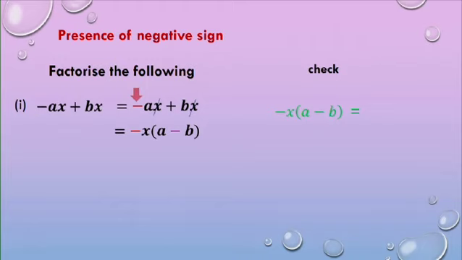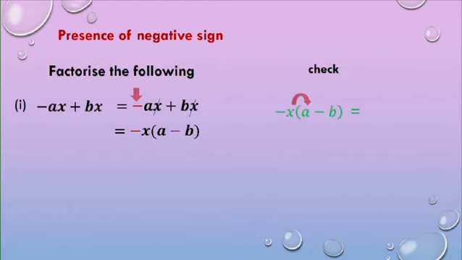Remember in grade 7, while expanding algebraic expressions, you learned that whenever we do have a negative sign outside the bracket, through expansion, the sign inside the bracket changes. Simply because we are multiplying minus x by plus a, so we have minus ax.